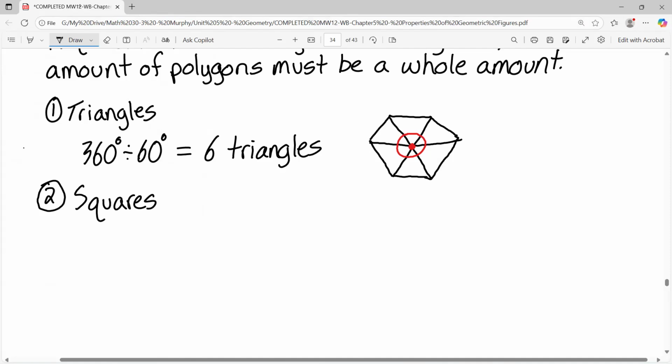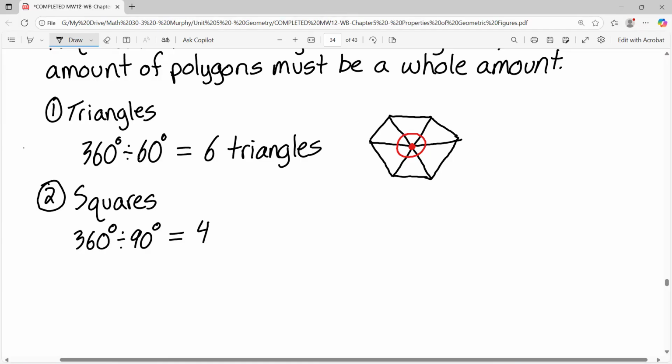And for squares, if we take 360 and divide it by the interior angle of 90, and again, I'm just looking off the table and I also know these off the top of my head.